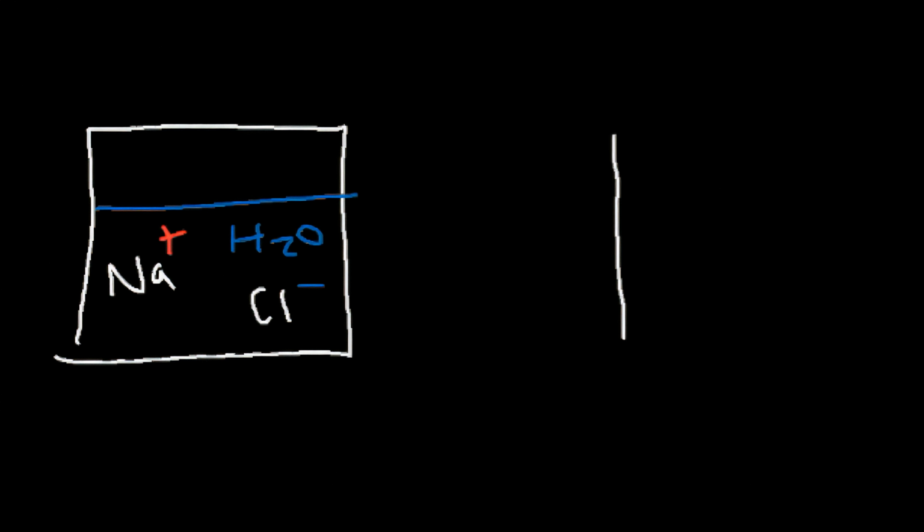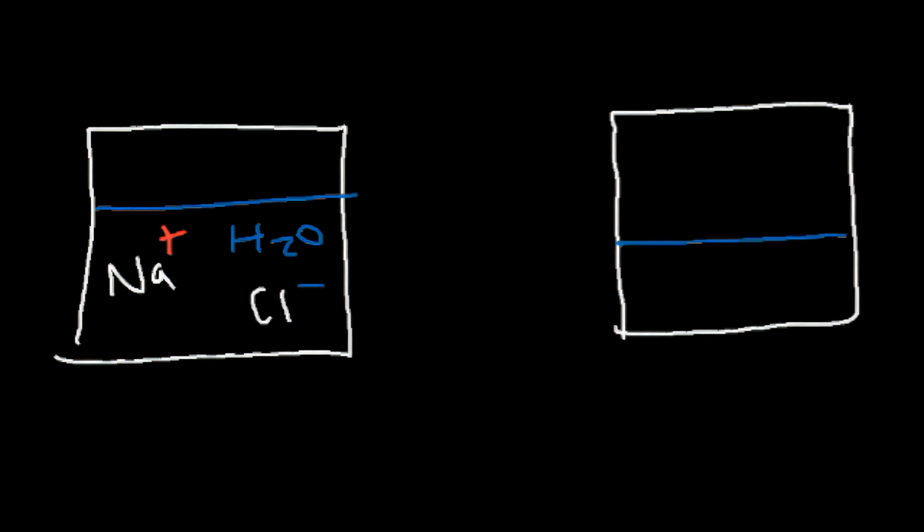Consider the two mixtures. Let's say we have a saltwater solution, where we have free-flowing sodium and chloride ions in water, and on the right side we have an oil-water mixture.